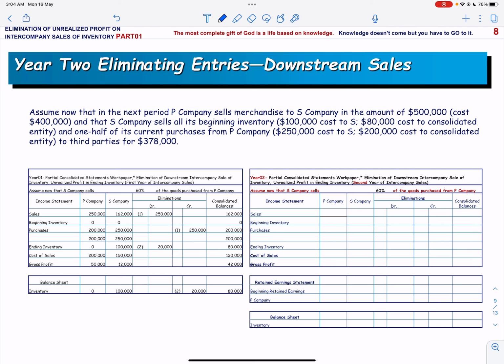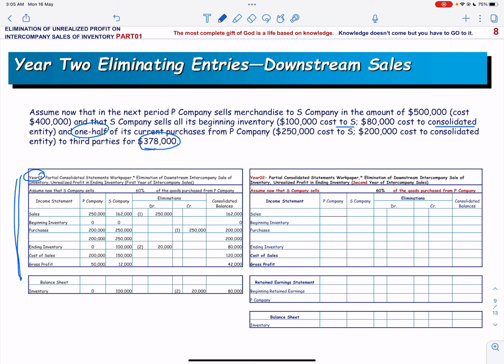And that S company sells all its beginning inventory, 100,000 cost to S company, 80,000 to the consolidated entity, and one half of its current purchases from P company, 250,000 cost to S, 200,000 cost to consolidated entity. They have sold to the third parties for 378,000.